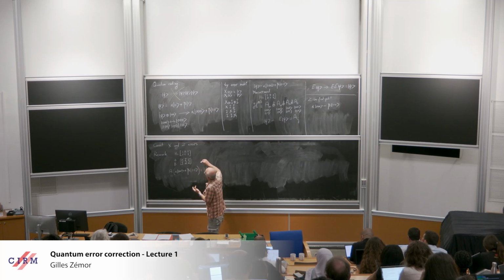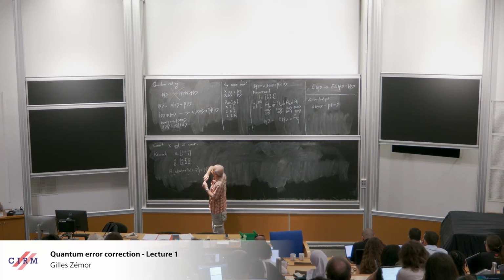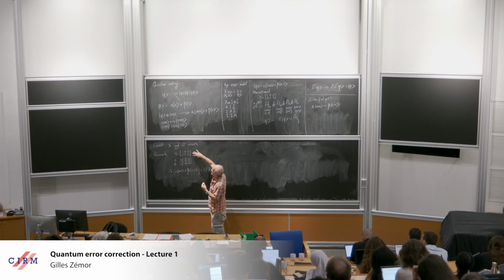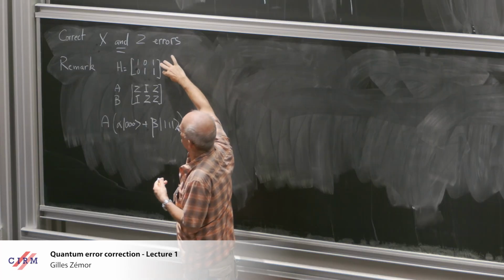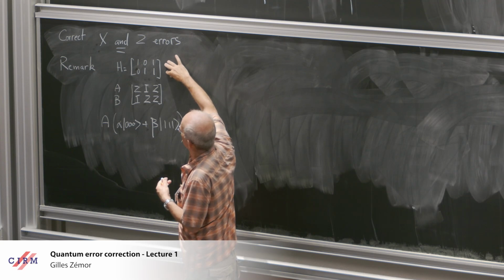You see that what we did, we decomposed our Hilbert space into subspaces, an orthogonal direct sum of subspaces that corresponded to the values of this syndrome function.